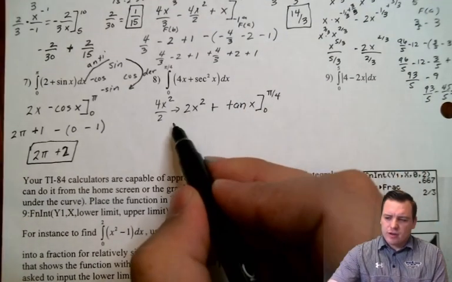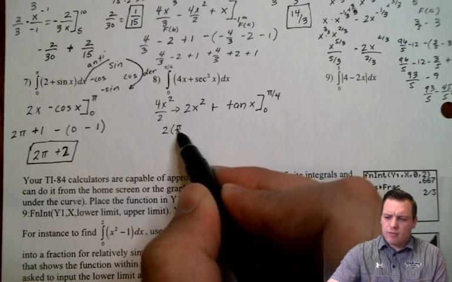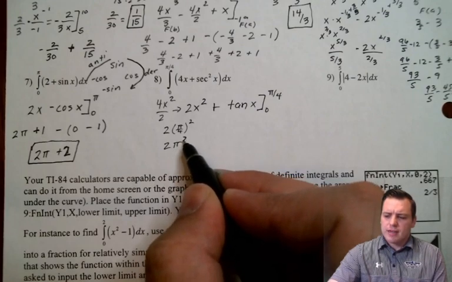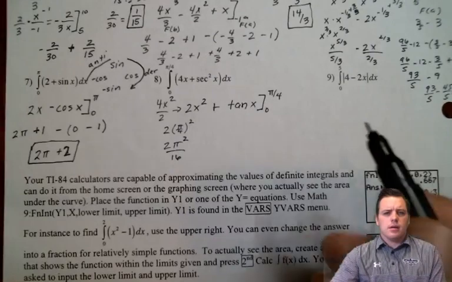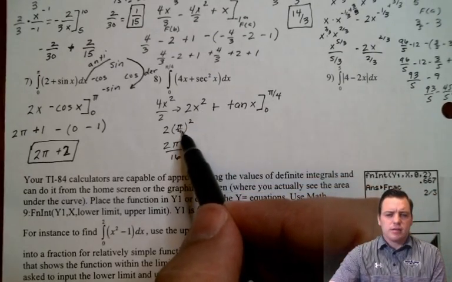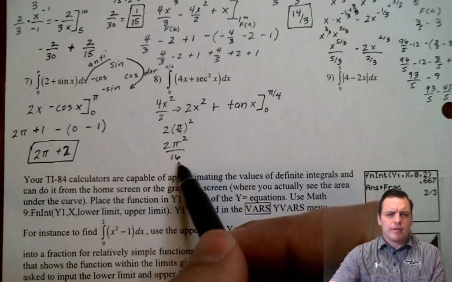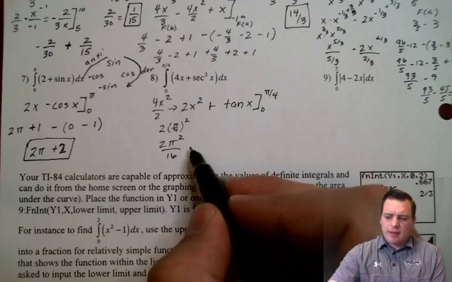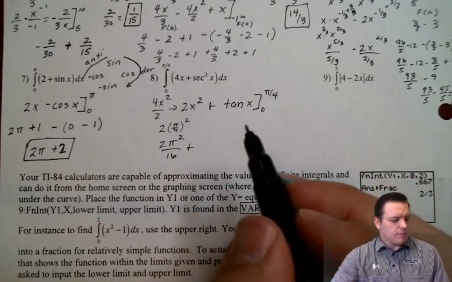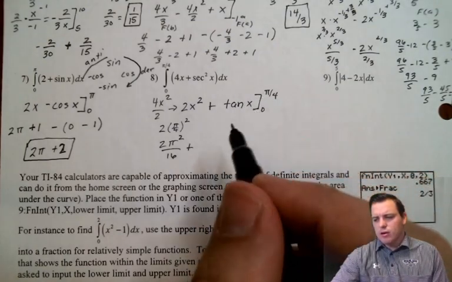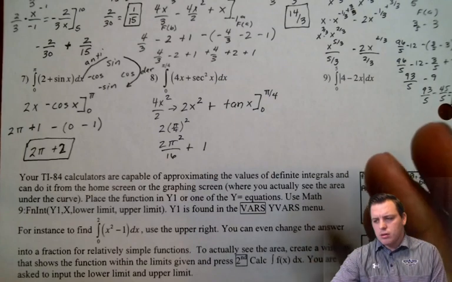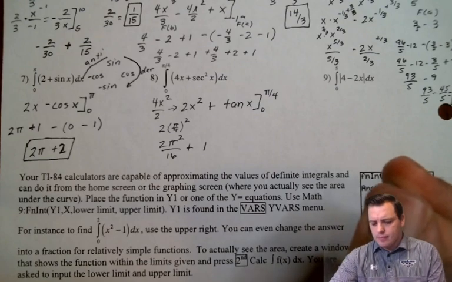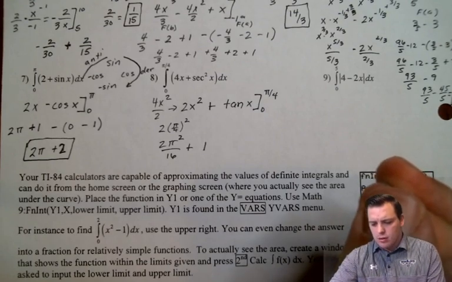So I'll plug the first one in first, so that'd be 2 times pi over 4 squared, which would be 2 pi squared over 16, because I have to attach the square to the pi and to the 4, and the 4 squared, which is 16, goes in the denominator. And then that'd be plus the tangent of pi over 4, which would be 1. Yeah, that's a 45 degrees.